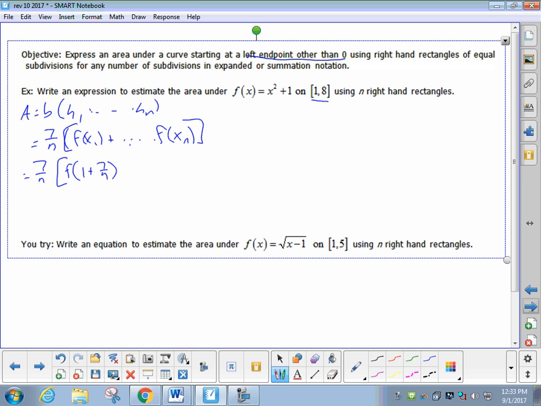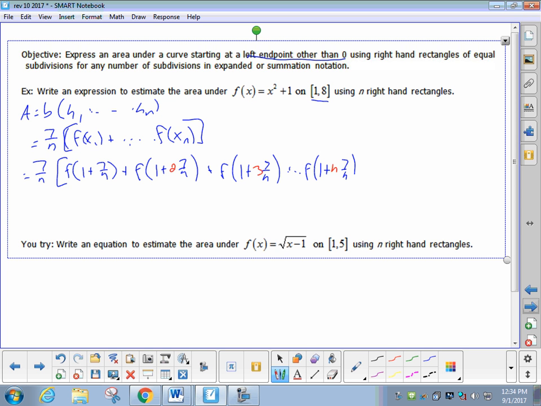The first one started at 1. I went 1 delta x over and found the height there, yeah? The second x would be to start at 1 and go 2 delta x over. The third height, obviously, would be to start at 1 and go 3, until you ended at the last, which would be f of 1 plus 7n over n.